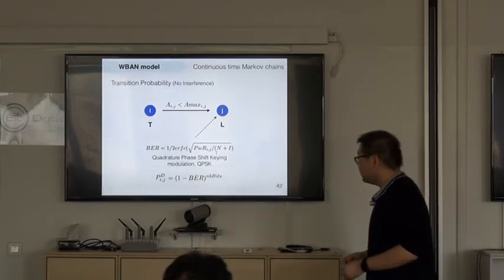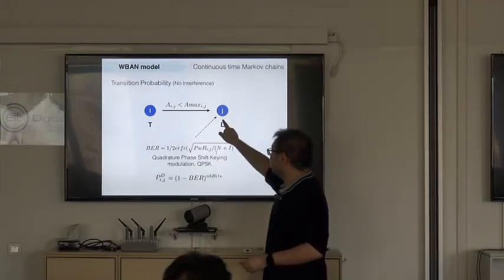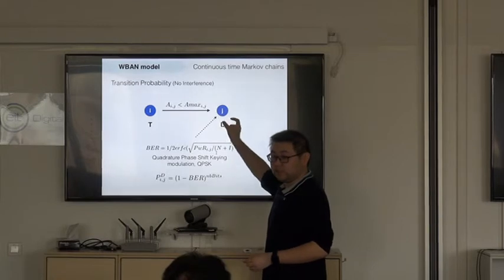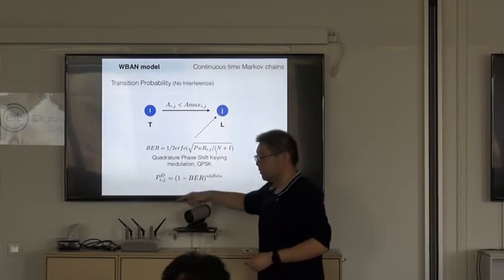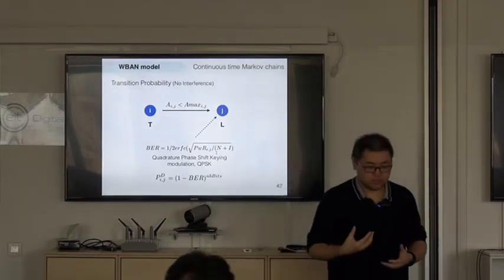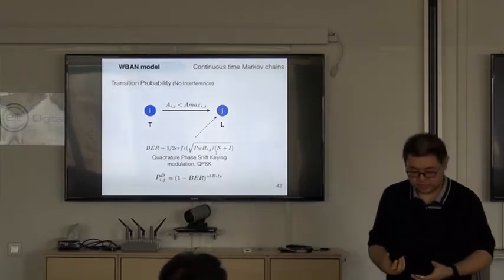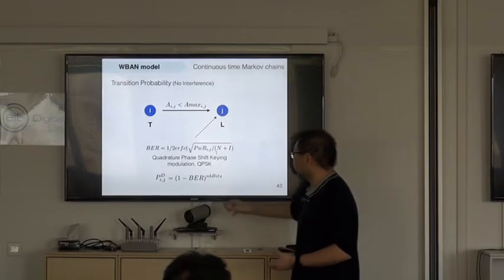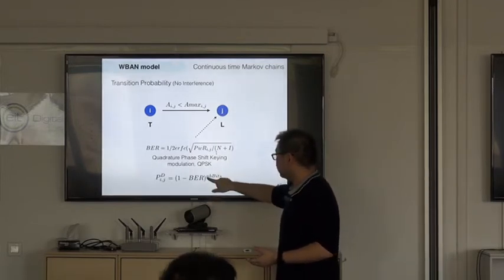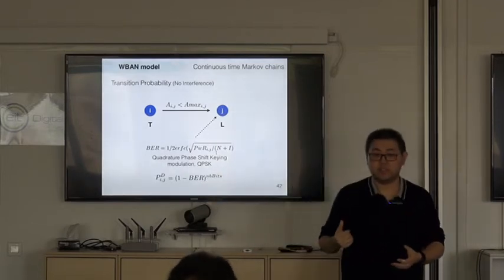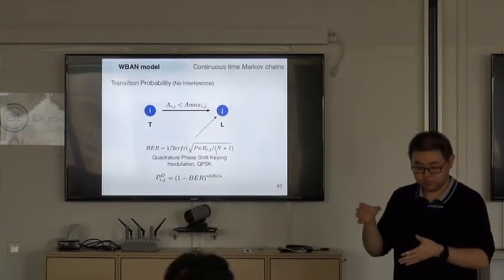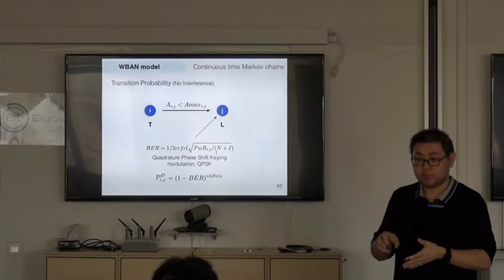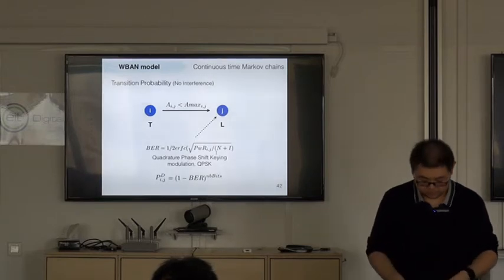So the final probability for a message already received at the receiver, the probability that the decoder can decode this message correctly, is 1 minus the bit error rate, to the power of the number of bits. And here we assume that the reception of every bit is independent.